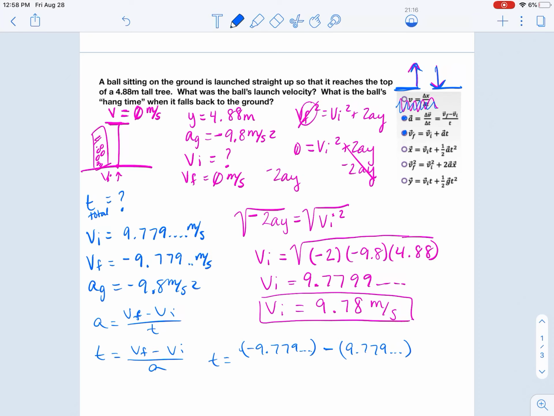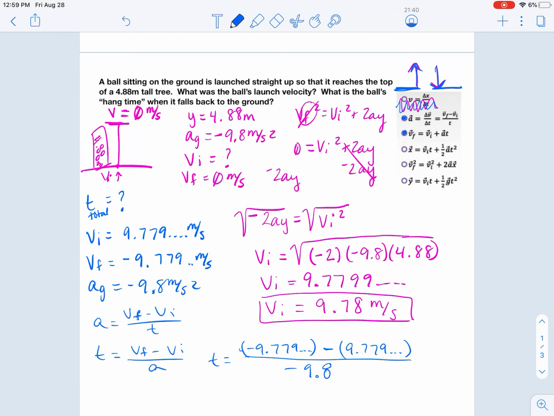That would be saying that it took 0 seconds for the ball to go up into the sky and then fall back down. We know that that cannot be the case. Do the math, that actually ends up doubling your value for your numerator. So please make sure that you are paying careful attention and executing the math correctly. And then I'm going to take that value and I'm going to divide it by negative 9.8.